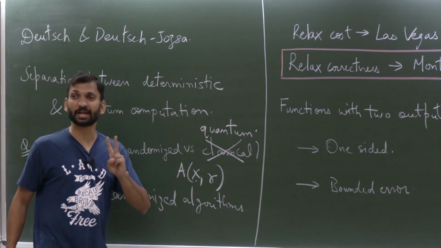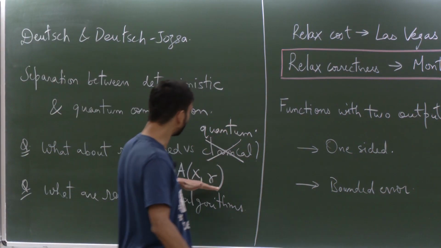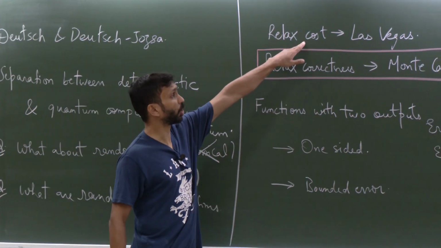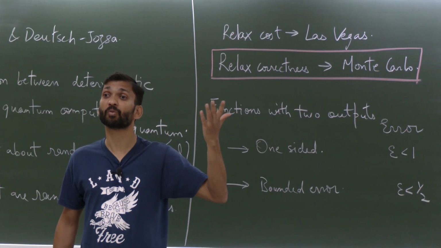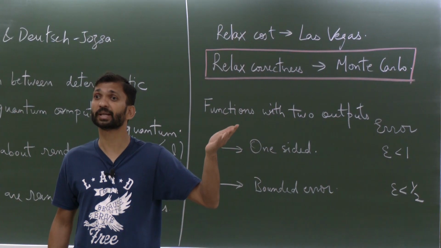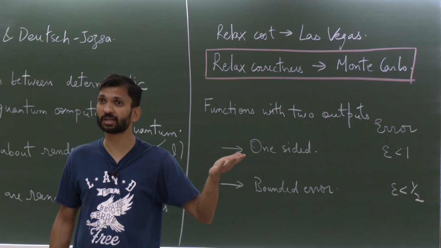This we can quantify in two ways. We can say that for every R, my answer should be correct, but then what kind of cost will we take, the worst case? No, we will take the expected cost, right?